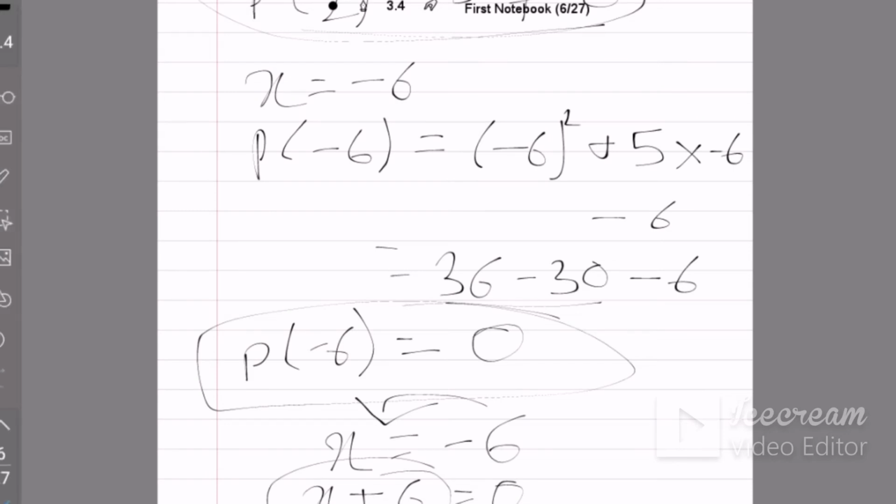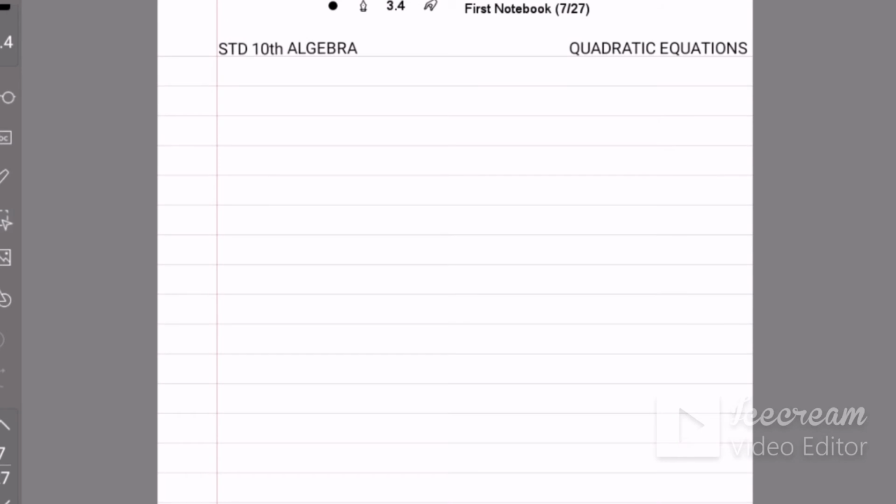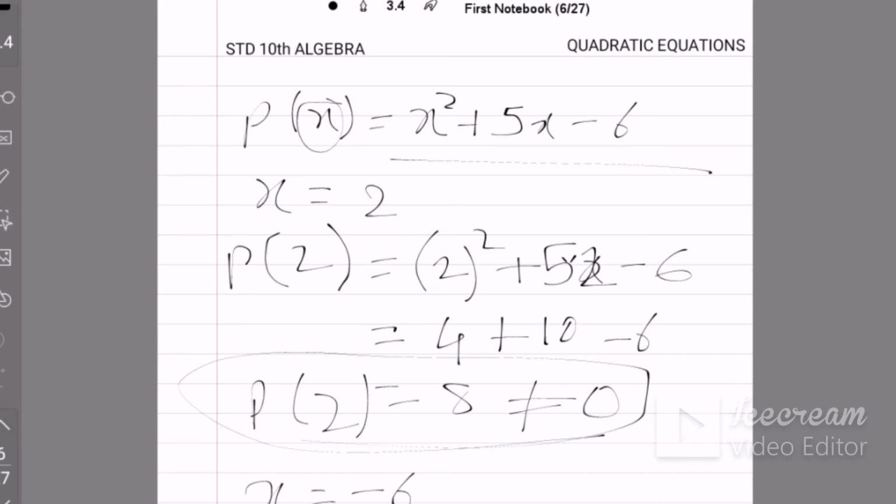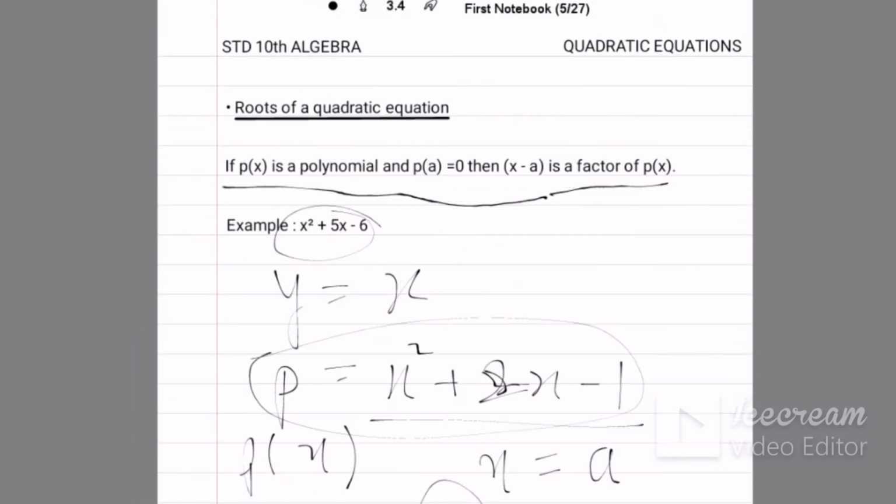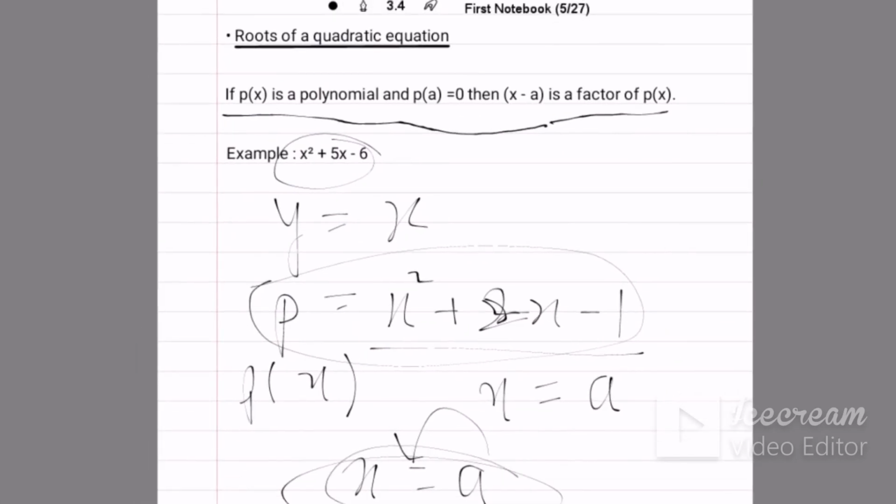Now in this process, we have to substitute many values of x and check at every point whether the value of the equation is 0 or not. So this is a very lengthy process, and since we have a lot of different methods to solve these quadratic equations, and remember one thing, a quadratic equation has two roots, because the degree of a quadratic equation is 2, right?